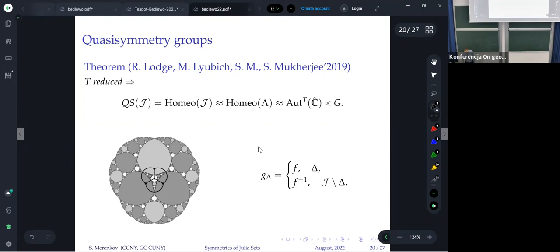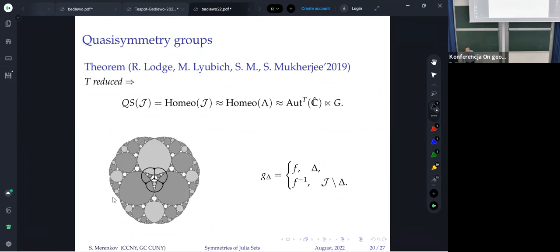So we can describe it, and the quasisymmetries are defined in this piecewise manner, just like those inversions that I discussed for the basilica. For any triangular interstice, you can produce a quasisymmetry in this group, which is F on the triangular interstice and F inverse on the complement of such a triangular interstice.